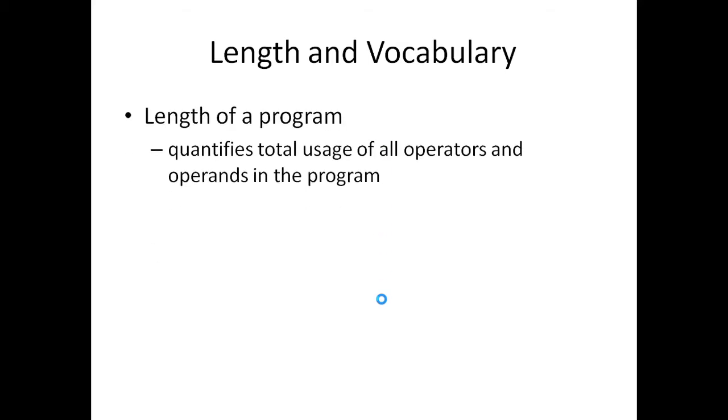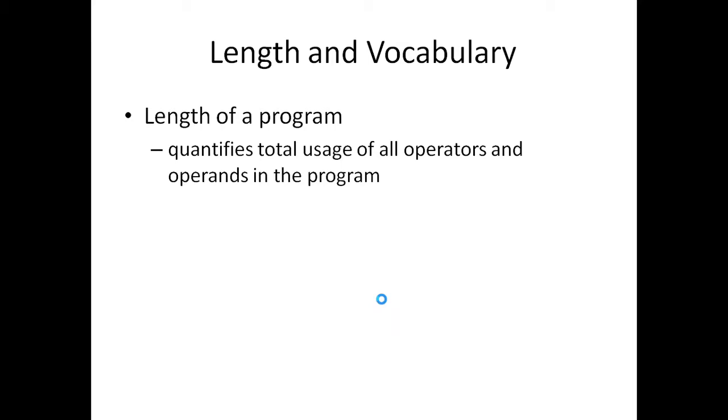Okay. So we will see some of the factors. These are some definitions. The first one is the length and vocabulary of a program. The length of a program is defined by Halstead like this. It quantifies the total usage of all operators and operands in the program.